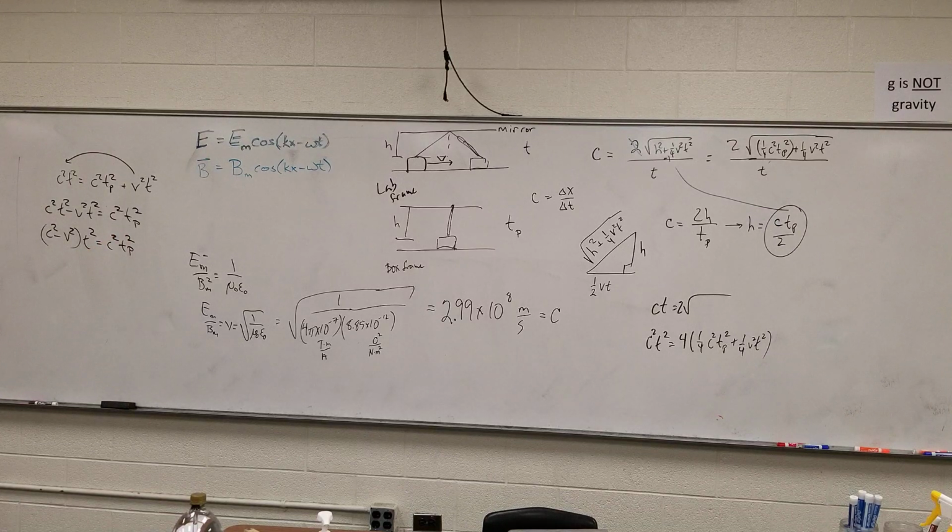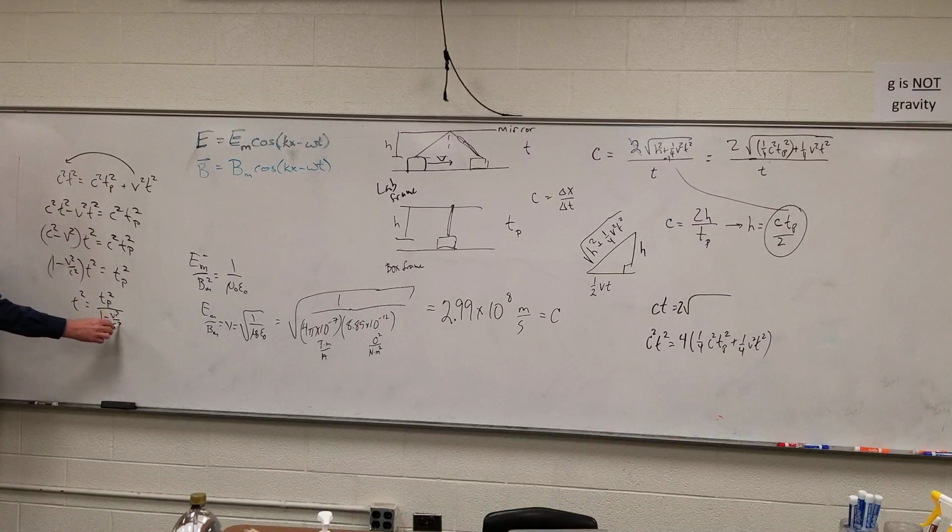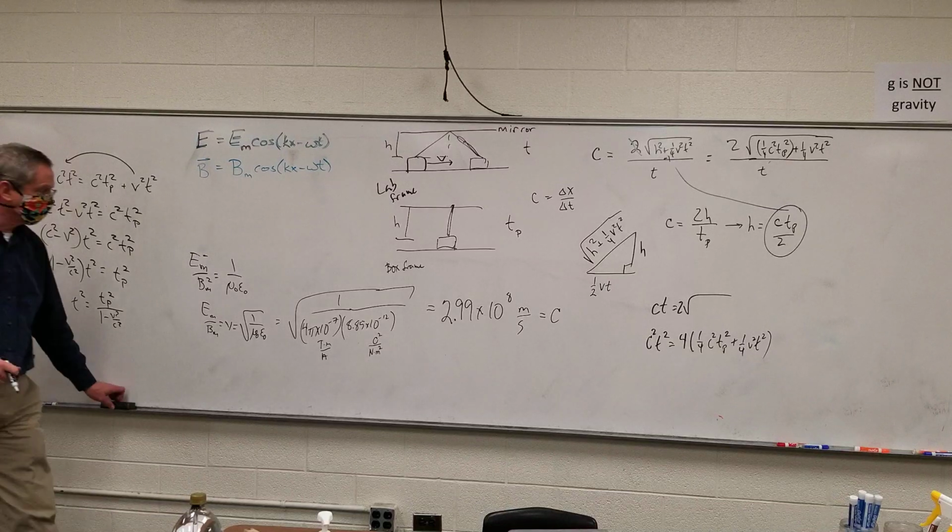Because I know what the final form is supposed to be, I'm going to divide by c squared. So I get tp squared, and over here I get 1 minus v squared over c squared times t squared. And then I get t squared equals tp squared over 1 minus v squared over c squared. Then I take the square root of both sides.